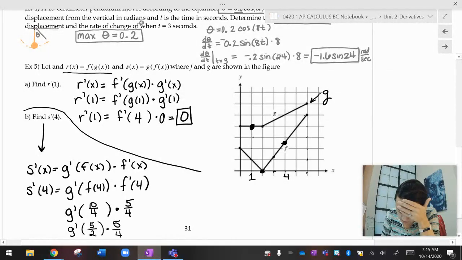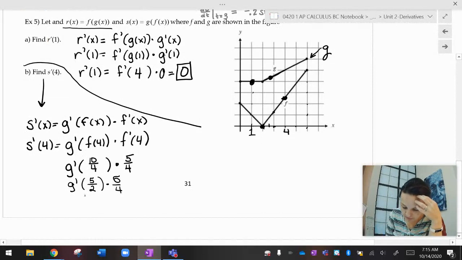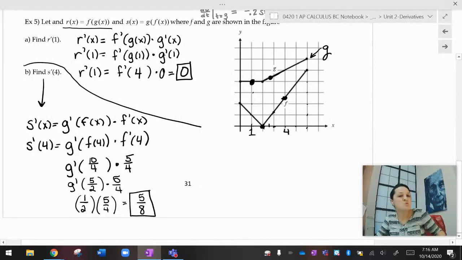Okay, so g prime of 5/2 is the slope of g at 2.5, which would be the slope of g in that spot. And g's slope in that spot is up 1, right 2. So g prime is 1/2 times 5/4, multiply straight across, is 5/8. Ooh, we end on a fancy one.